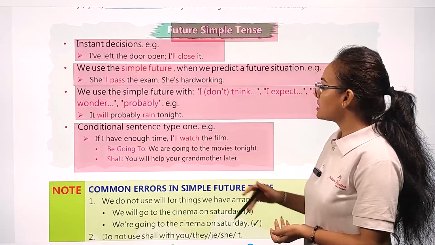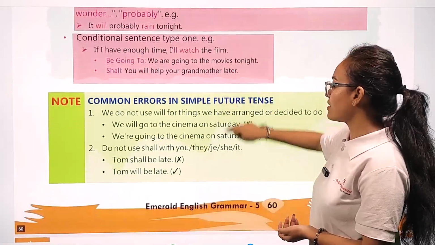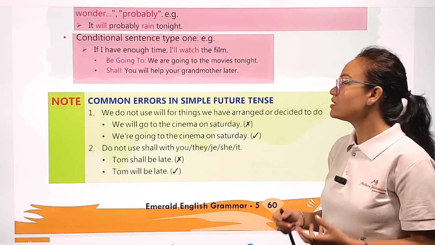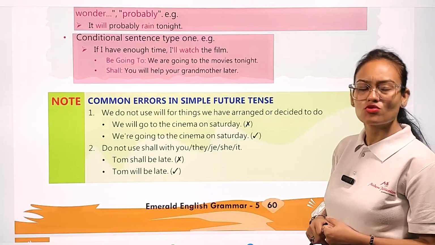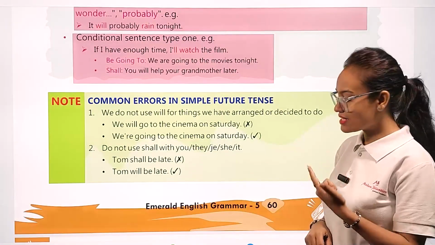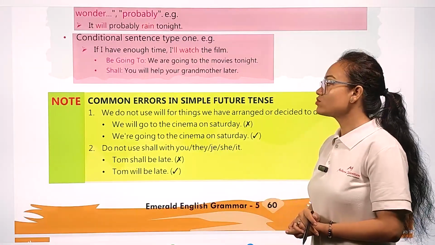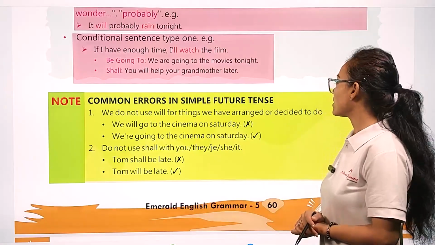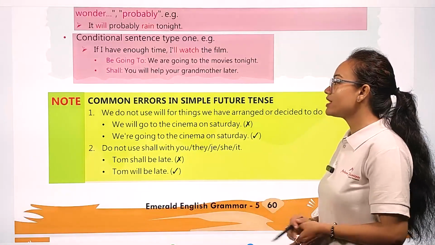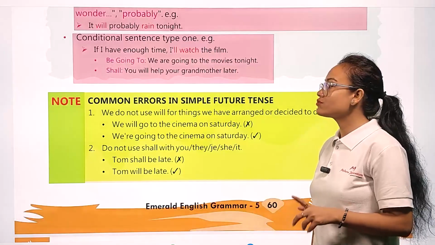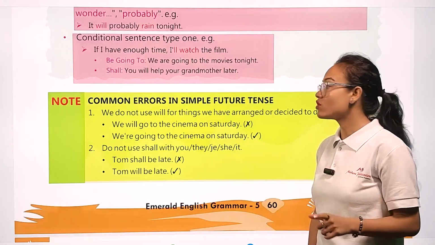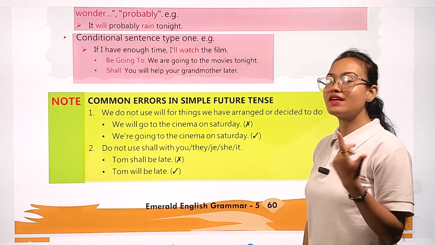Okay, now we are going to see some common errors that people make in the simple future tense. What type of mistakes are those? Let's see. The first one is that we do not use will for things we have arranged or decided to do. My dear student, we are not going to use this word will for things which we have already decided.